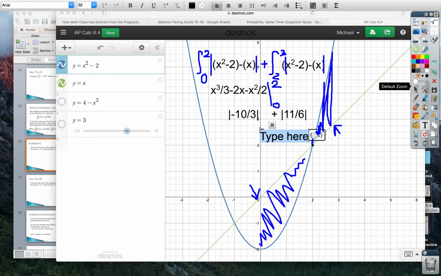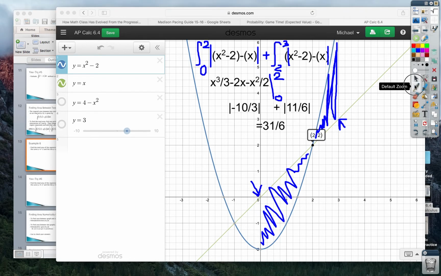And when we add those two things up, that total is going to give us 31/6 as our area between the curves. So that basically means, and I'm going to do this in red, this area was 10/3, and this area was 11/6, and when we add them up, we got a total area of 31 divided by 6.